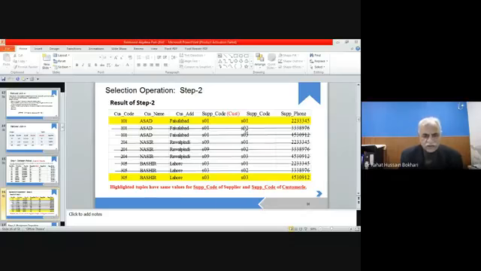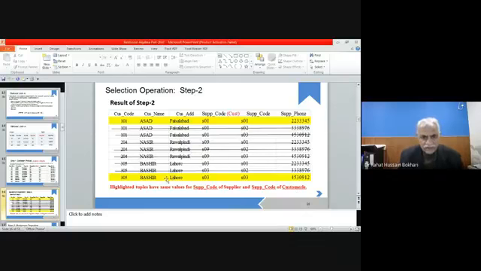Similarly, I only retained those rows in which the value of the common attribute is the same in the two tables. Those are taking part in natural join. So we will get the result.